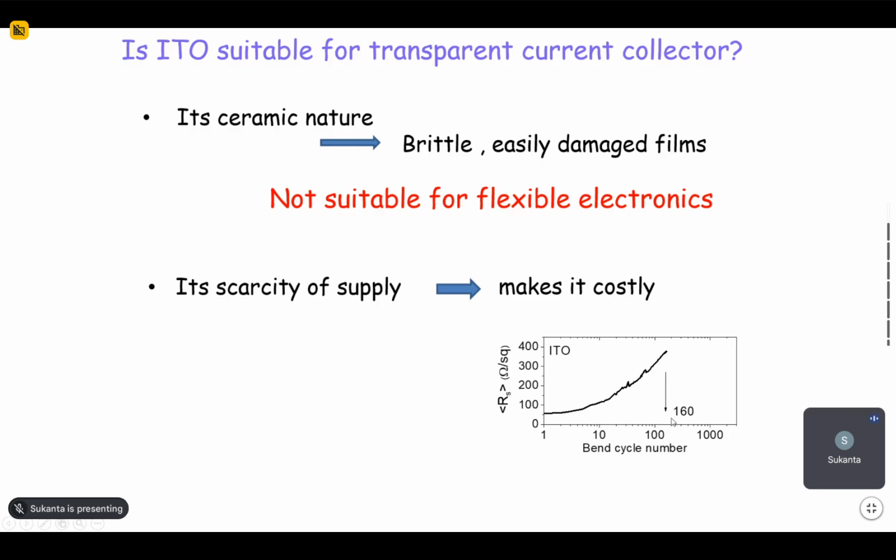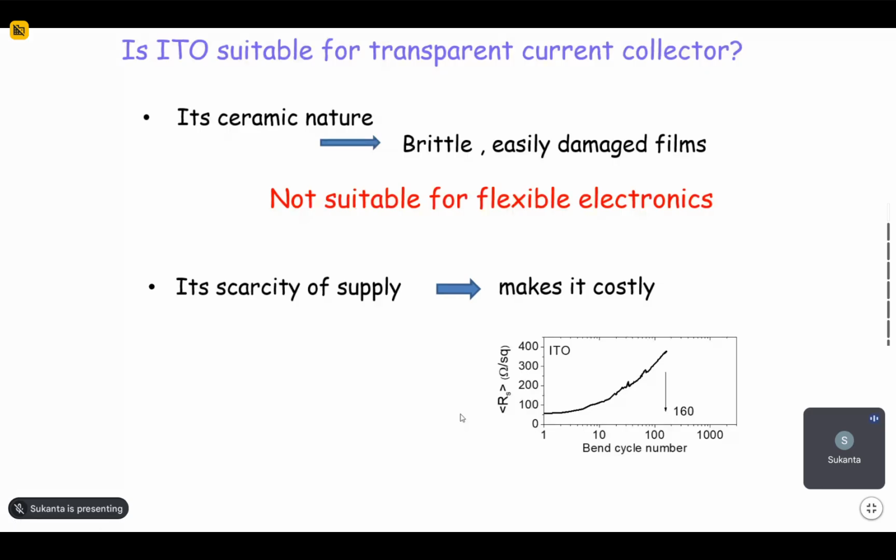With bending, the surface resistance increases, which means conductivity is decreasing, and after 160 cycles, it just breaks. So ITO on top of a flexible substrate will not be suitable as a transparent conducting film for flexible devices. Also, the price is a factor.